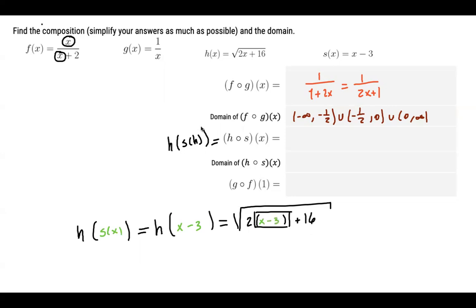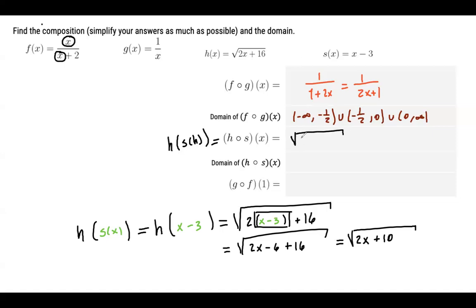And let's go for it. We're going to do the multiplication first. So 2 times x, that's 2x, 2 times minus 3, that's minus 6, and then plus 16. This will turn into the square root of 2x plus 10. Now, that would be our answer here, square root of 2x plus 10.